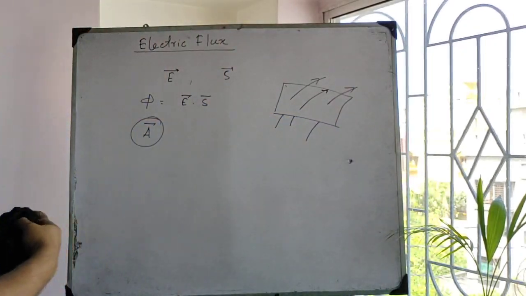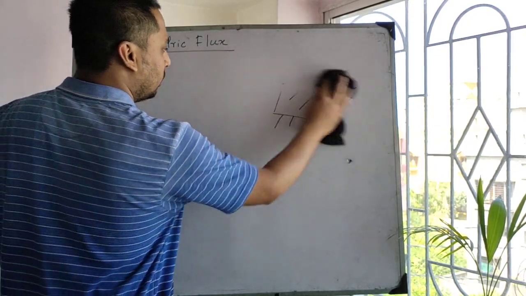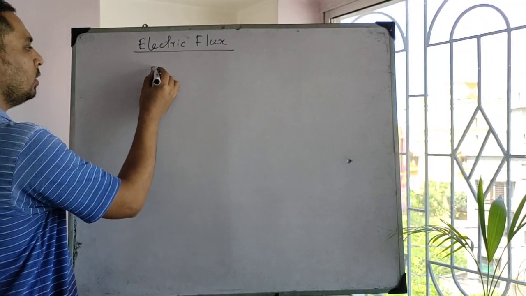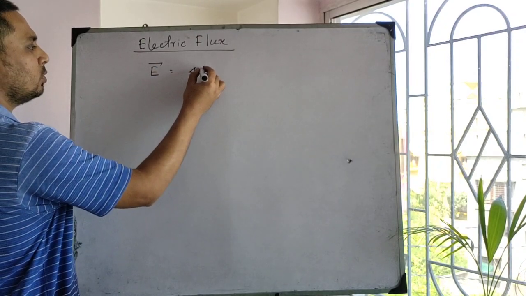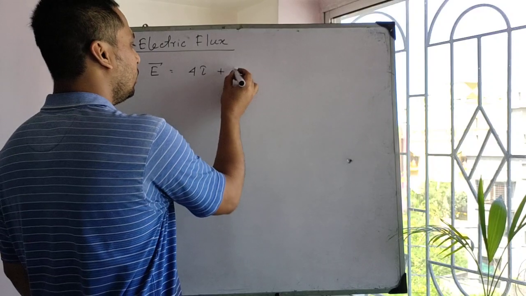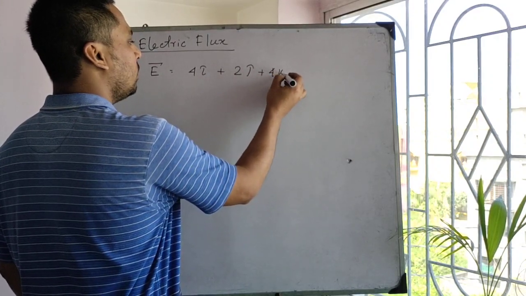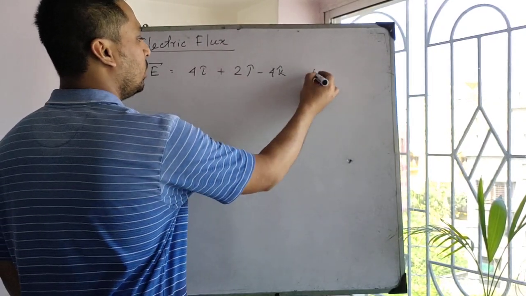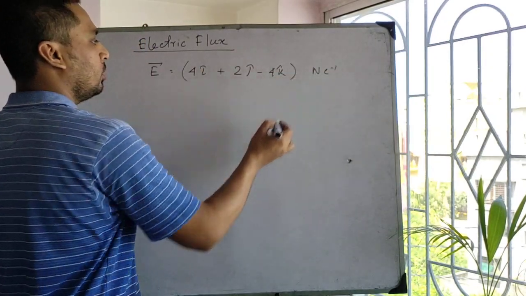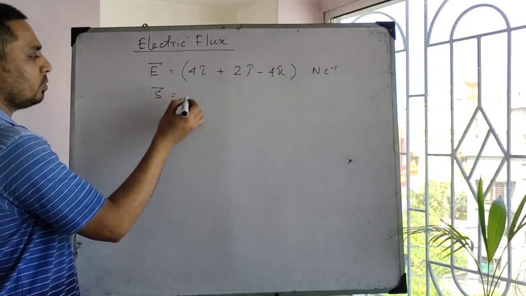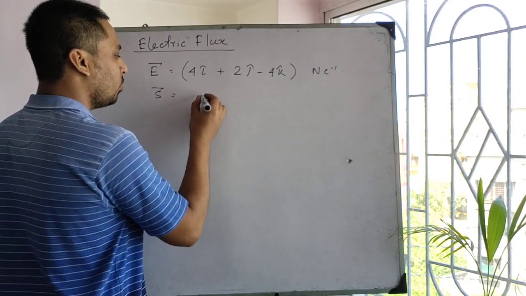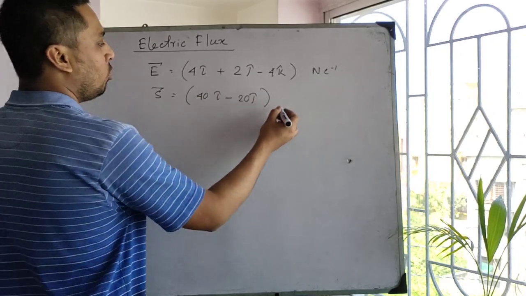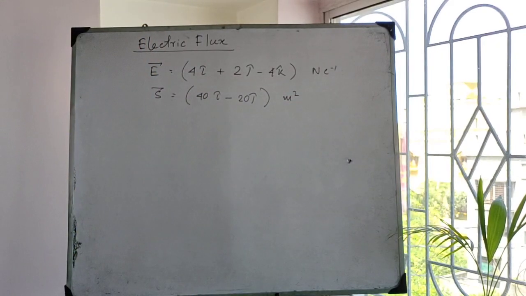Okay, suppose E equal to 4i plus 2j minus 4k Newton per coulomb, and the area vector is given by 40 i cap minus 20 j cap meter square. This is the area vector.